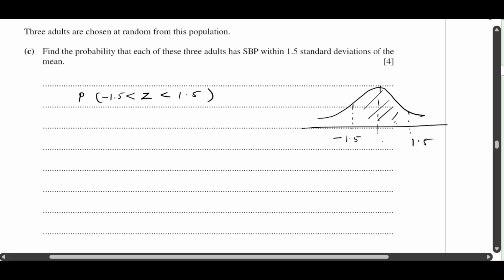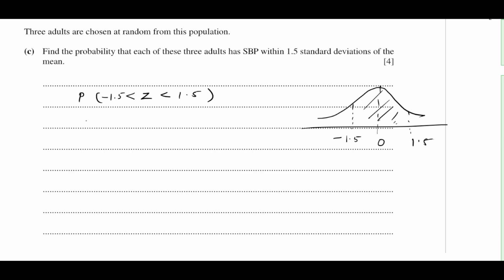From the center, this part and this part are going to be the same, so we can say this is 2 times phi of 1.5, and from this I will subtract 1.